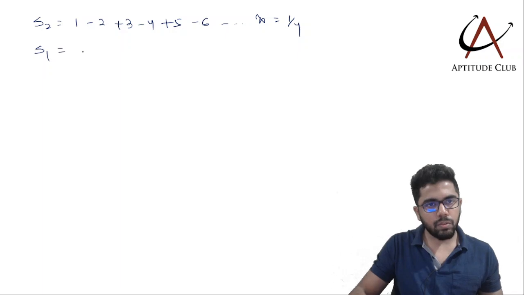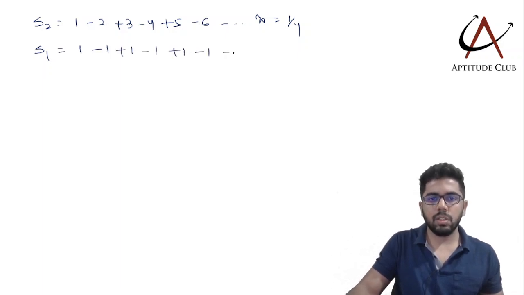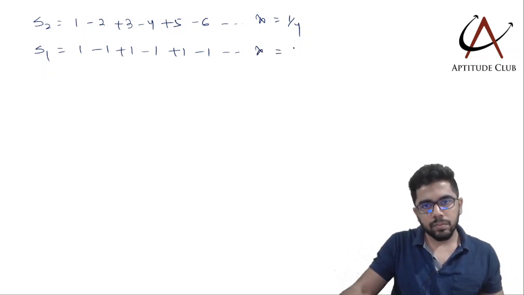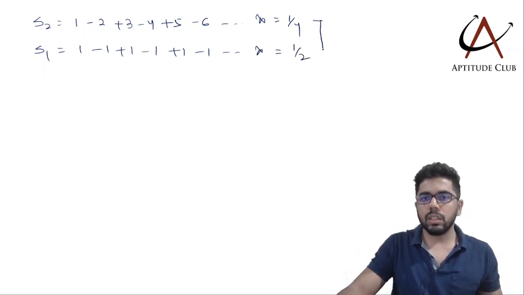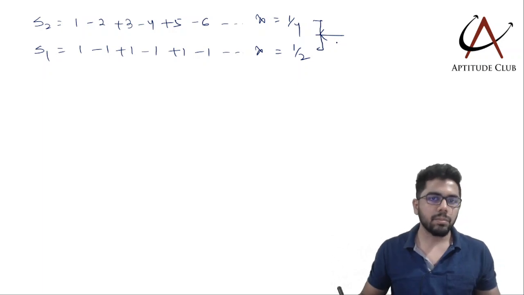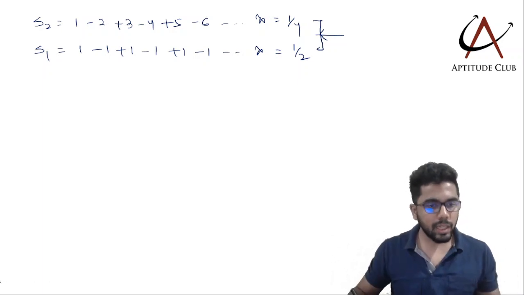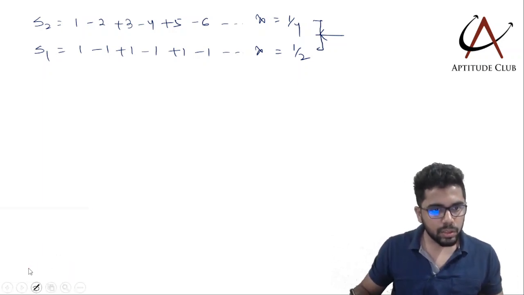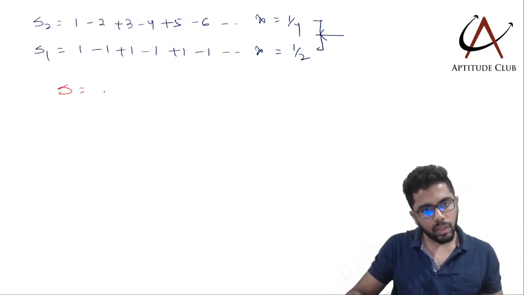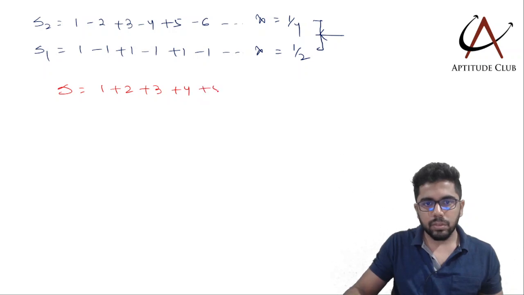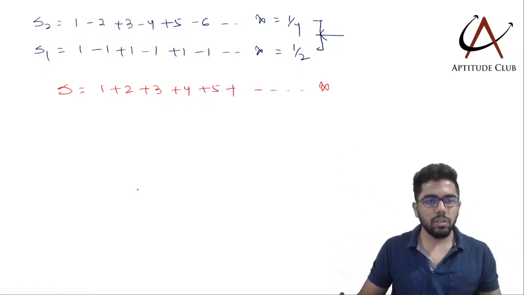And then I got S1, which is 1 -1 +1 -1 +1 -1 and so on till infinity, as 1 by 2. These are the two results that we have derived so far. What is it that we are trying to calculate? We are trying to calculate this sum S, which is 1 + 2 + 3 + 4 + 5 till infinity. This is the sum that we want.